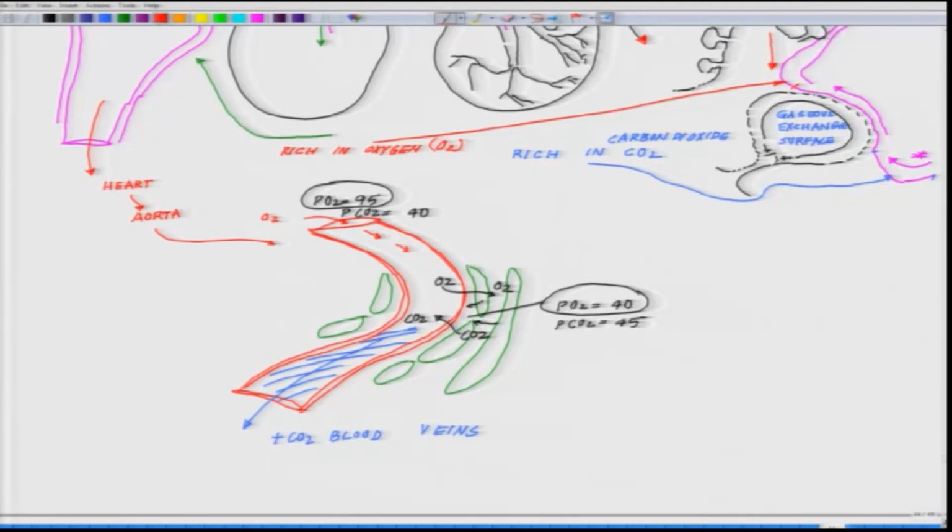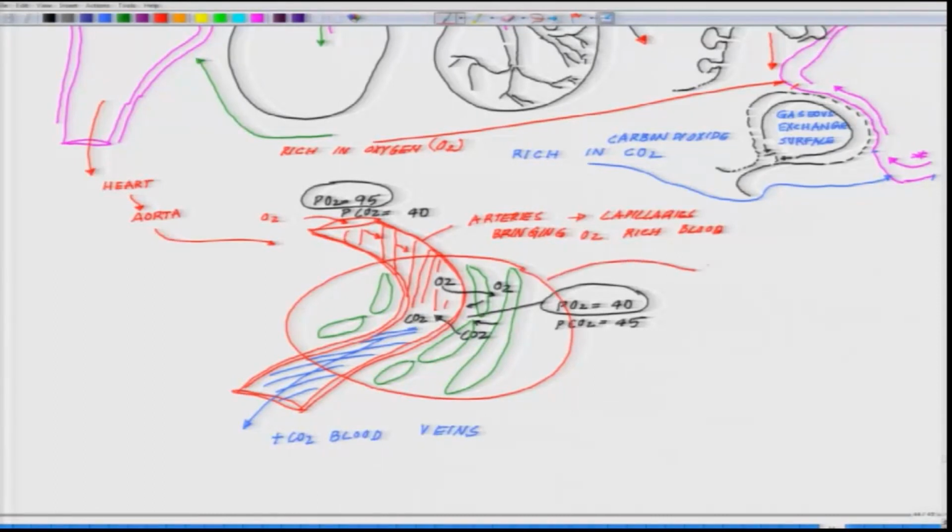and out here are the arteries, followed by the capillaries, bringing O2 rich blood, and here you have the exchange of gas.